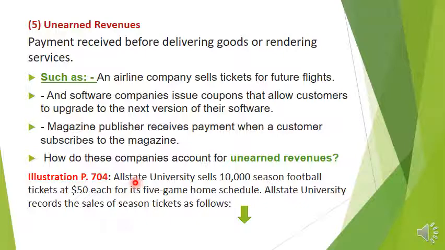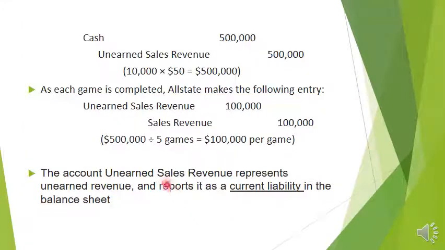Example: Lasted University sells 10,000 season football tickets at $50 each for its 5-game home schedule. Lasted University recorded the sales of season tickets as follows: debit cash 500,000, which is 10,000 tickets times $50 equals 500,000.